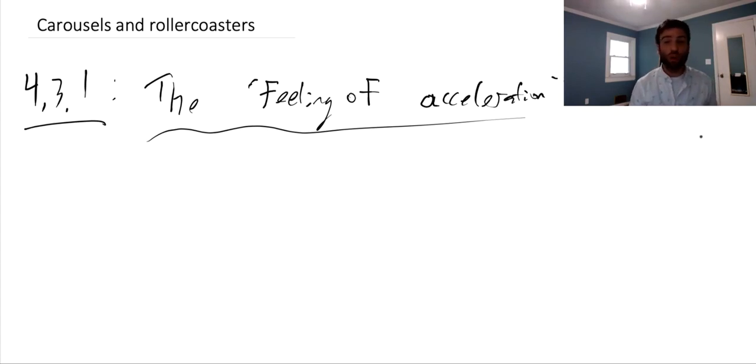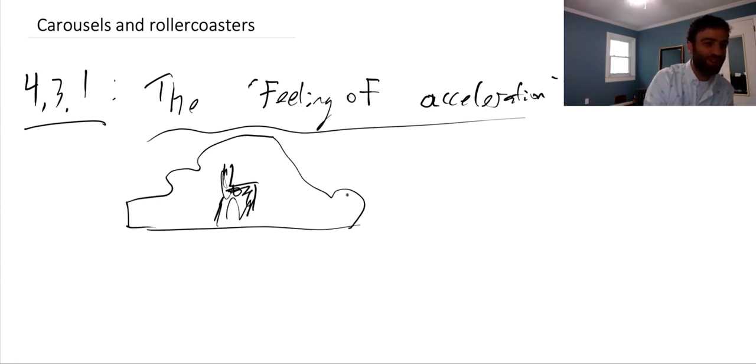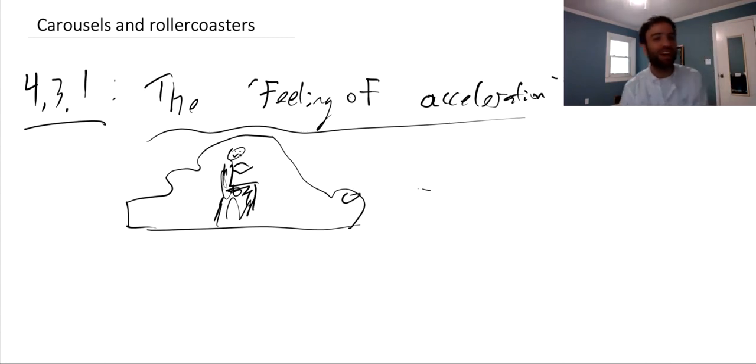So for instance, suppose you're sitting in a car seat. Here's a person sitting in a seat attached to a car, expertly drawn as always, and they've got arms and legs, and they're happy. Great. So if this car is moving at some constant velocity and not accelerating at all, for the most part, it feels like the bottom of the car seat is pushing up against you.